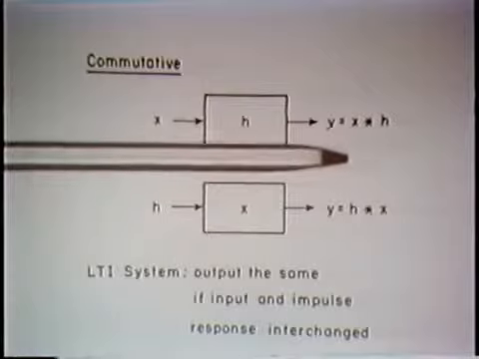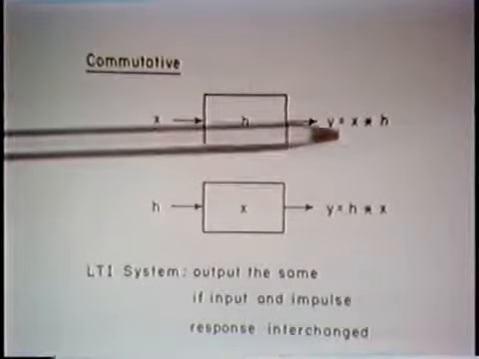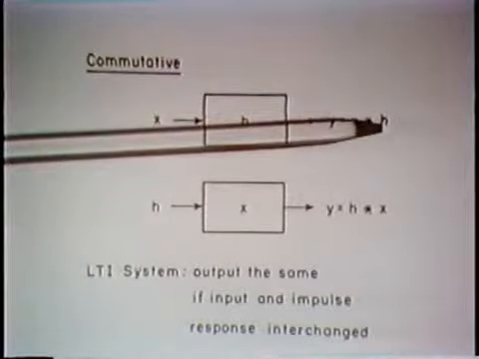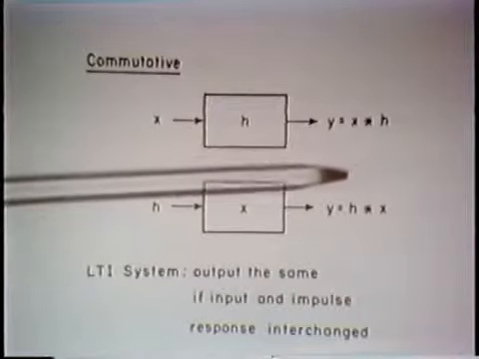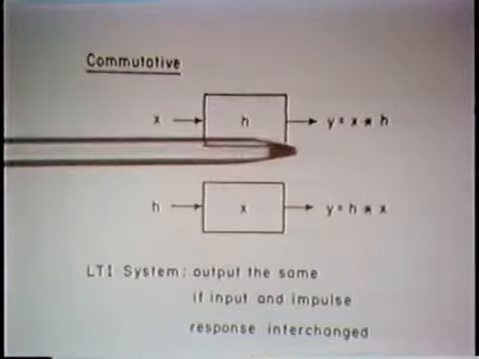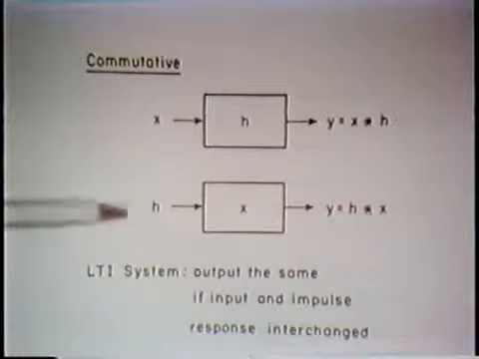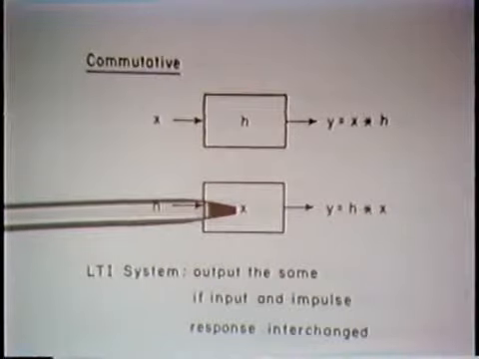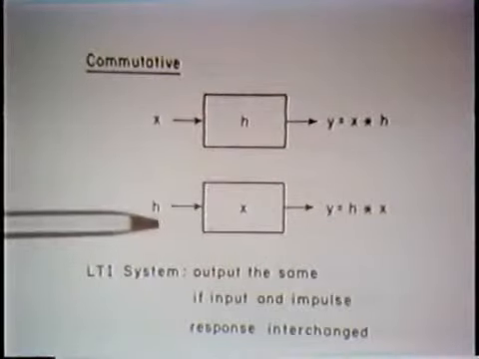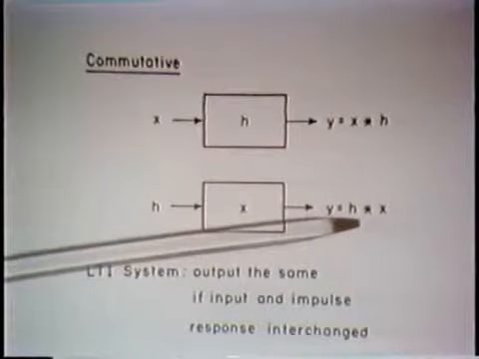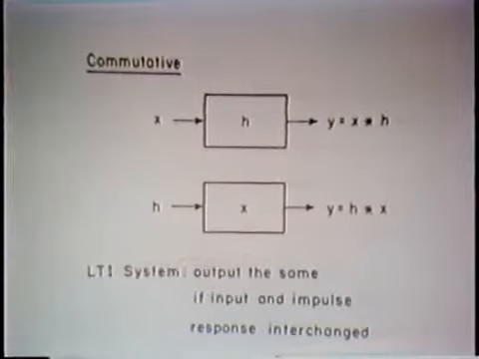Now, since this operation is commutative, instead of x convolved with h, I can write h convolved with x, and that would correspond to a system with impulse response x and input h and output then h convolved with x.